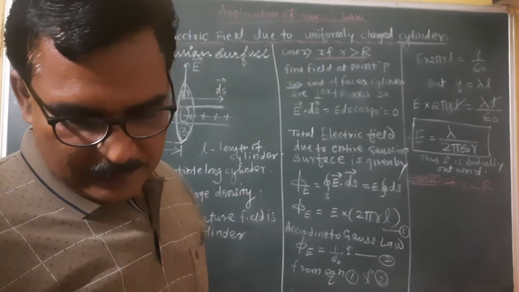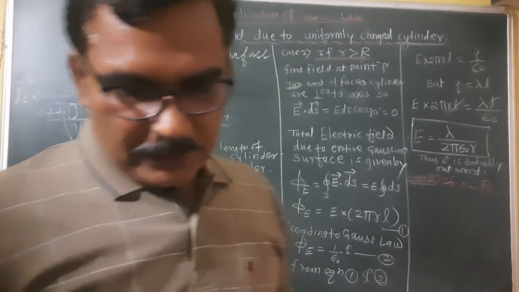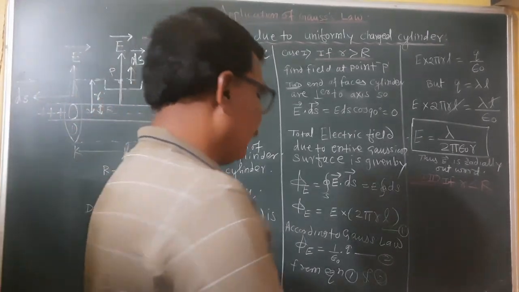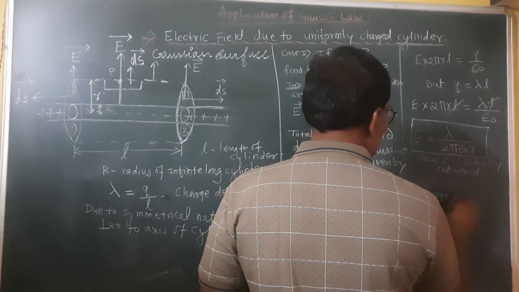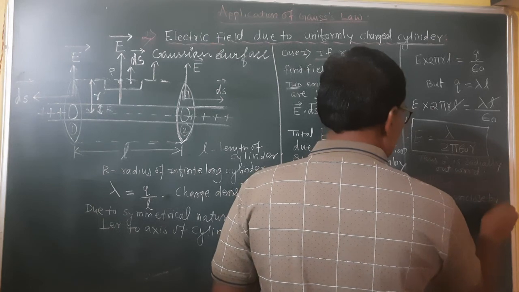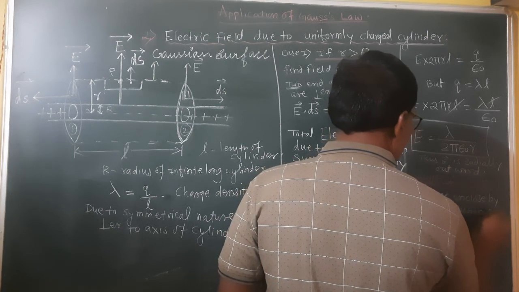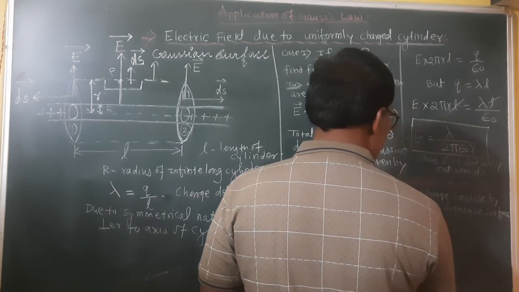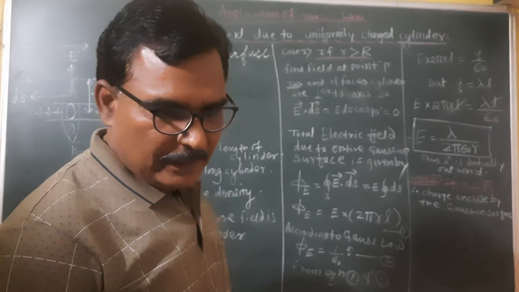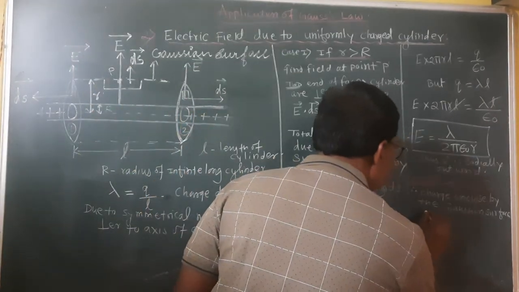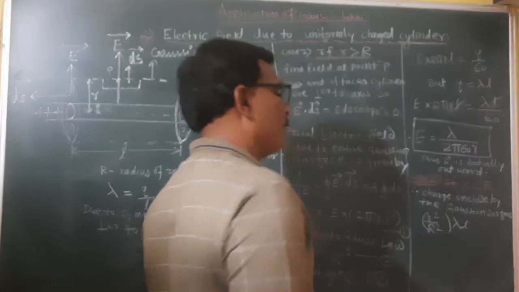At that time we have to consider one more important point, the charge enclosed by the Gaussian surface, that is q is equal to r square upon capital R square into lambda L. This is the charge we have to consider.